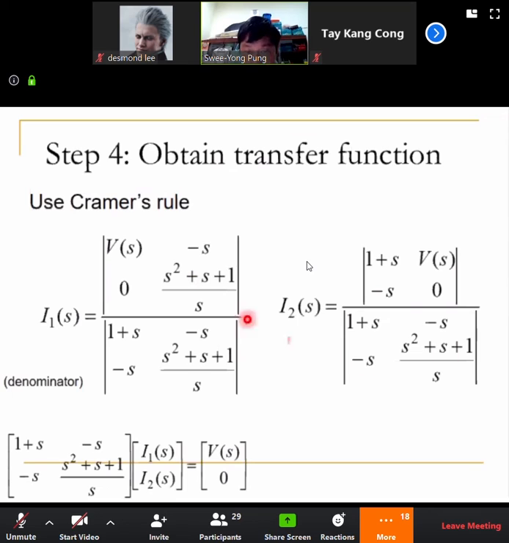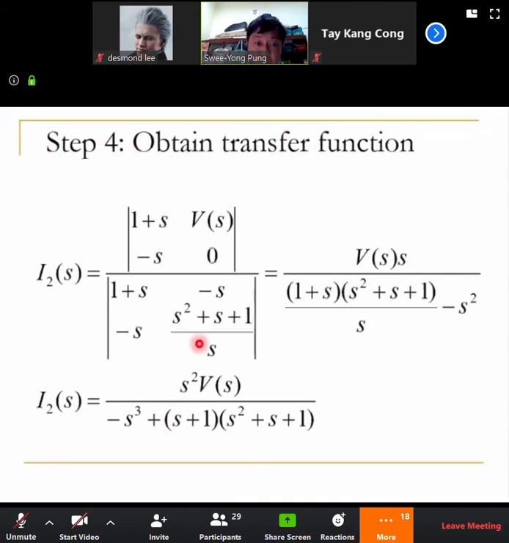So you'll just look at this one, right? And so you're going to solve this I2. So 1 plus S multiplied 0, we get 0, and minus the other term, so we get V multiply S, right? And divide by the denominator.